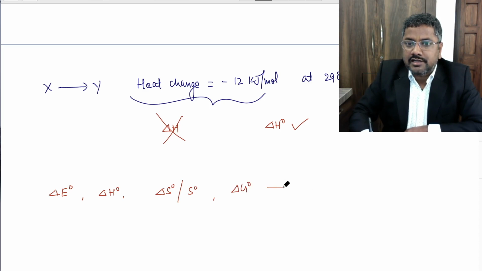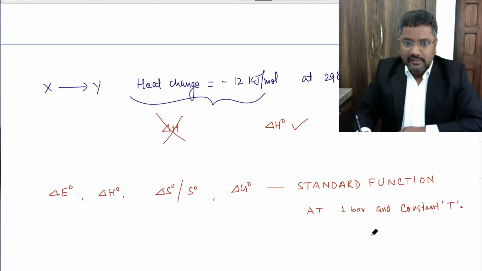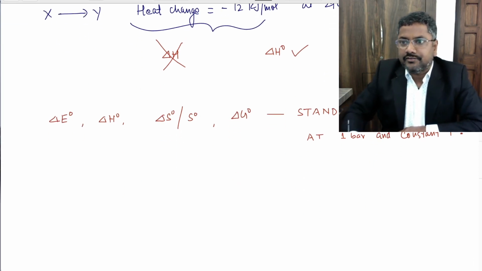All of them are standard functions at 1 bar and constant temperature, not necessarily 298. Clear? So all thermodynamic functions you can write like this, and the standard state is also defined.